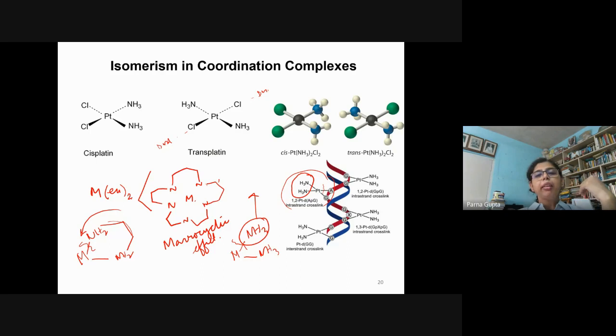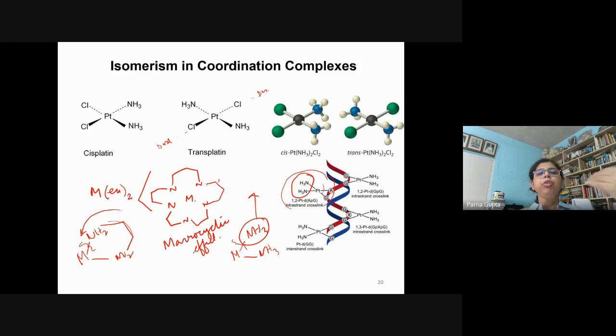There are other compounds that are a little more active, but even then cisplatin is really important, because the ammonia is maybe sterically less hindered, and all these things give the edge to cisplatin. So this is the importance of isomerism.